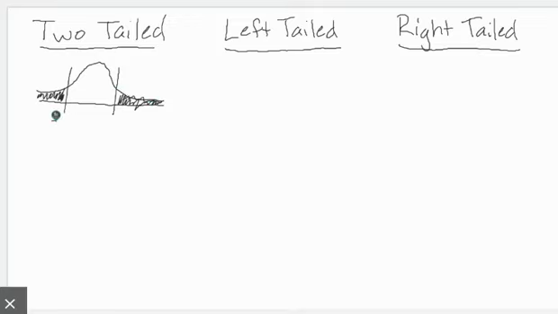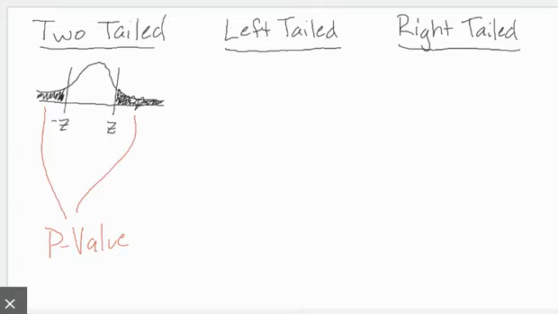And the z-score on the left, the test statistic on the left, is going to be the same as the test statistic on the right, except one will be negative and one will be positive. So in order to find your p-value, in fact, let me draw this as well, the area under the curve right here for a two-tailed test is the area in both tails. Okay, the area in both tails.